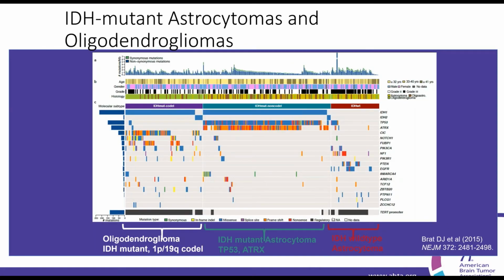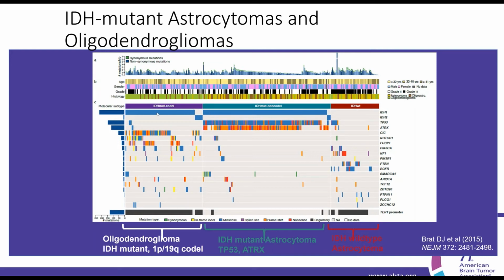So this is just the result of the TCGA analysis of histologically grade 2 and 3 diffuse gliomas, those tumors that were not glioblastomas but looked under the microscope like they were lower grade.